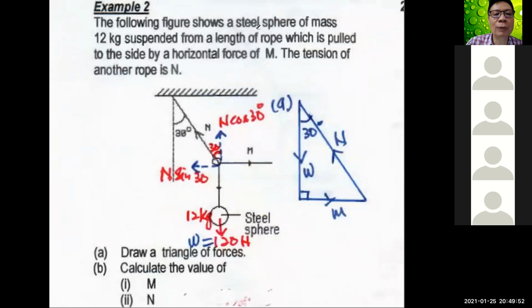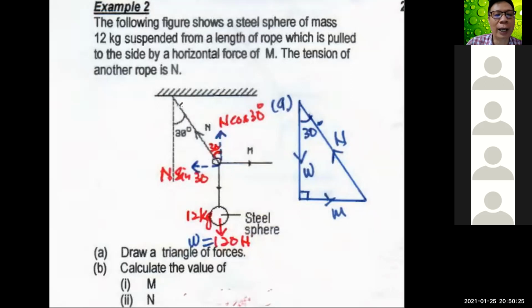It is suspended from a length of rope, which is pulled to the side by a horizontal force M. The tension of the other rope is N. You see now, you are pulling it here, to make the thing hanging there stationary. So now there are three forces: one is the weight, one is the pulling force, and one is the tension.